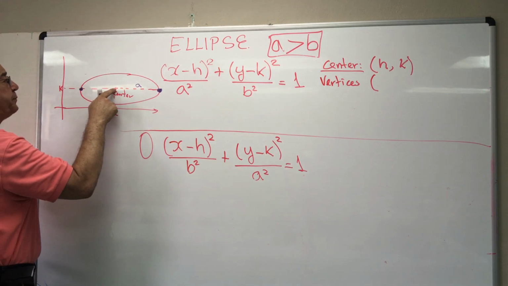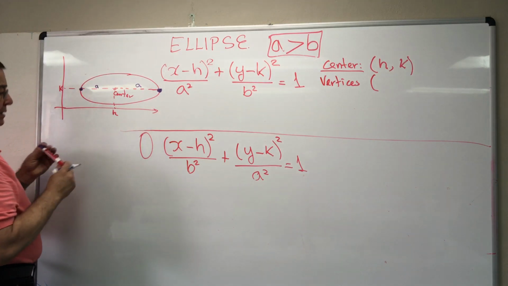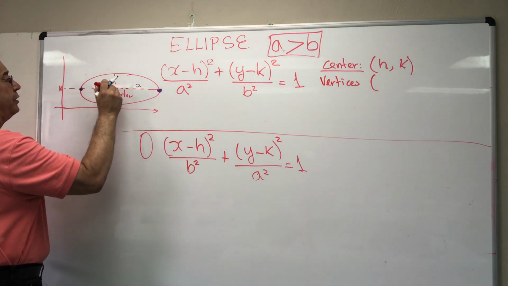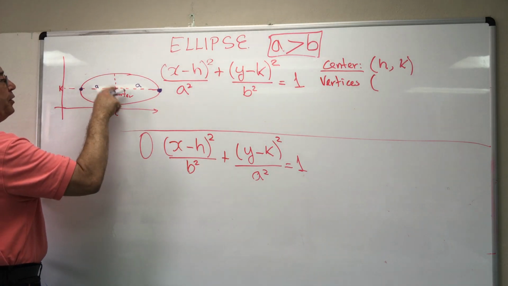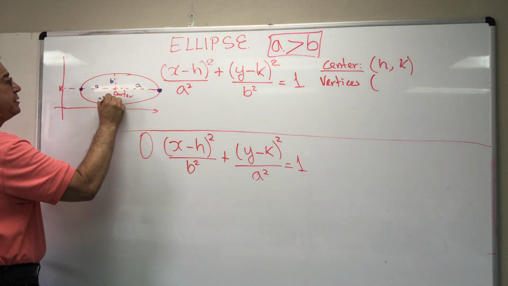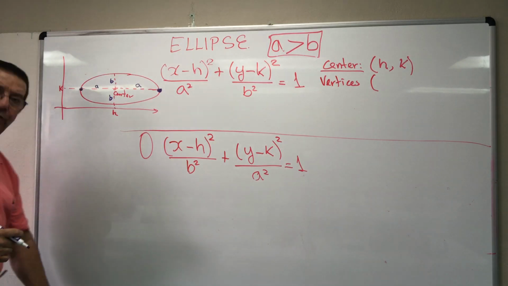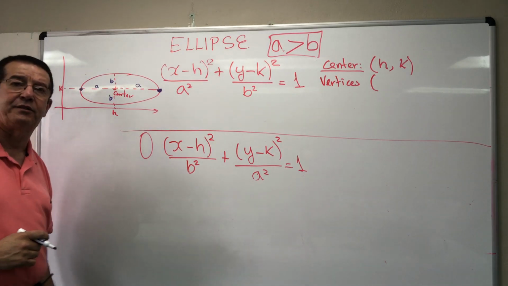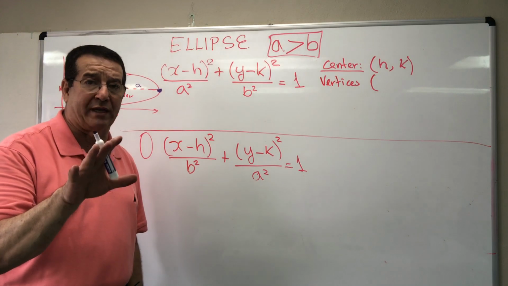And the distance from the center to these other points is b. Now you have all the elements to create a graph. I'm going to do one example later.